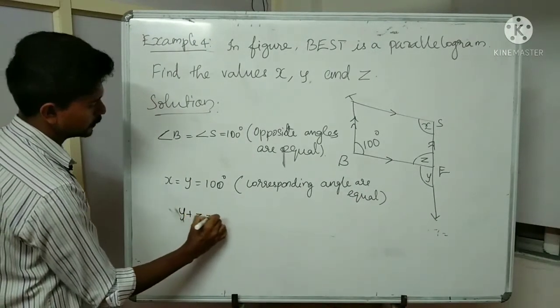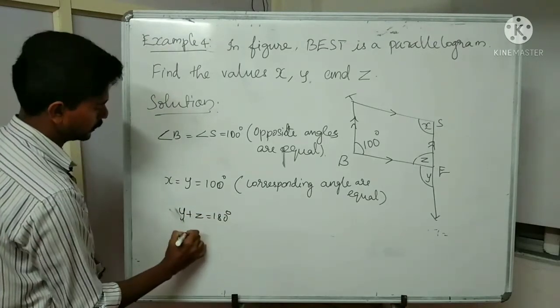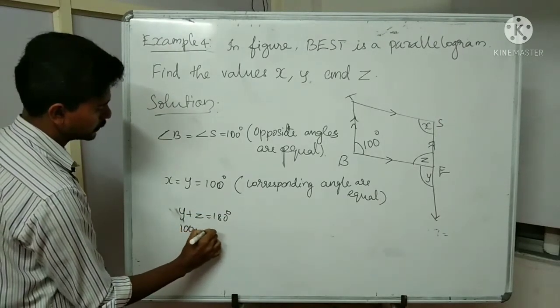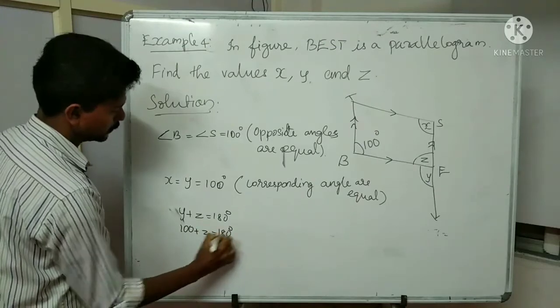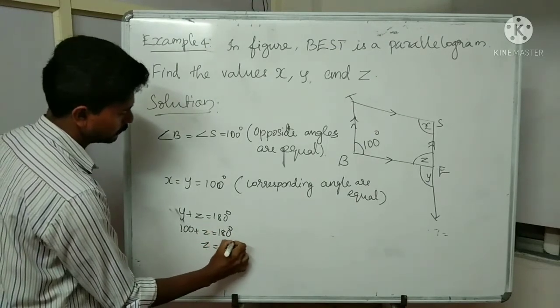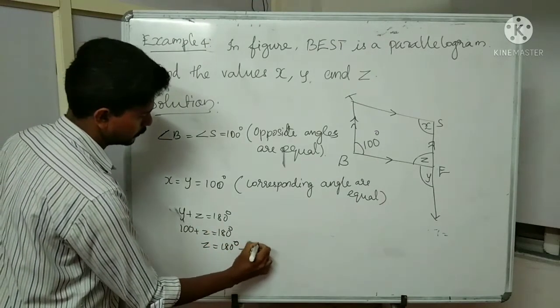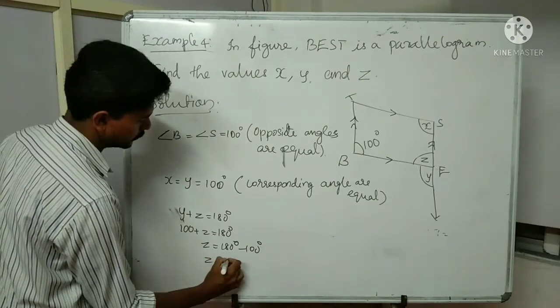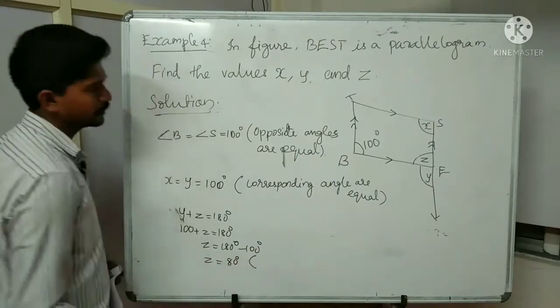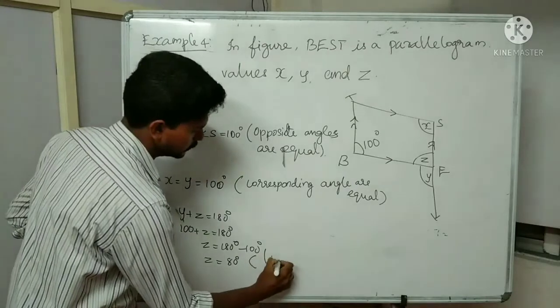Angle Y value is 100, plus Z value is 180. Z is equal to 180 minus 100. Z is equal to 80. The reason is they are linear pair angles.